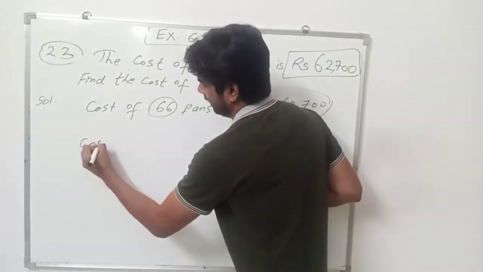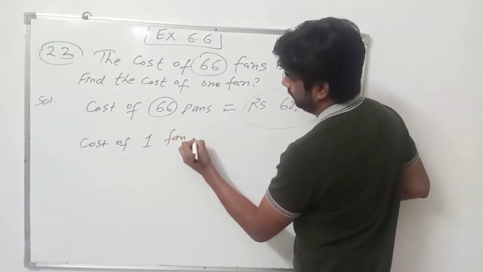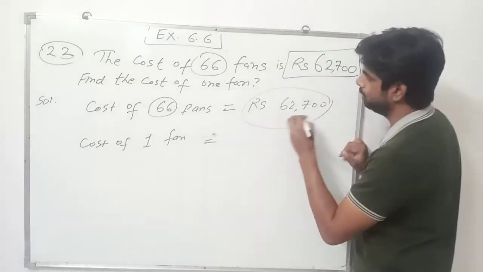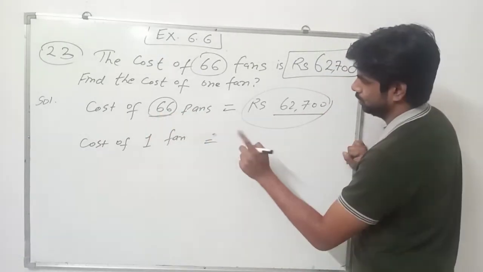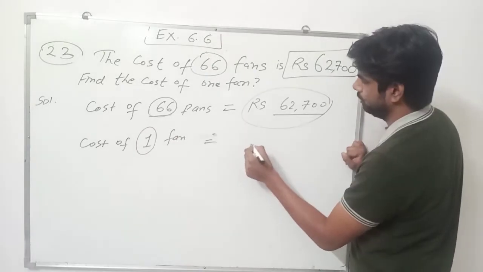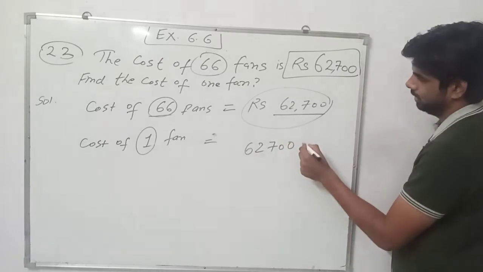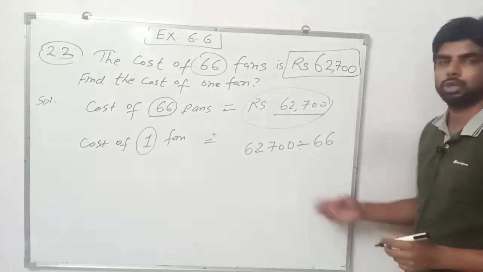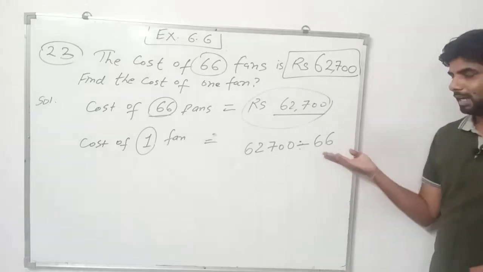So the cost of one fan is equal to 62700 divided by 66.